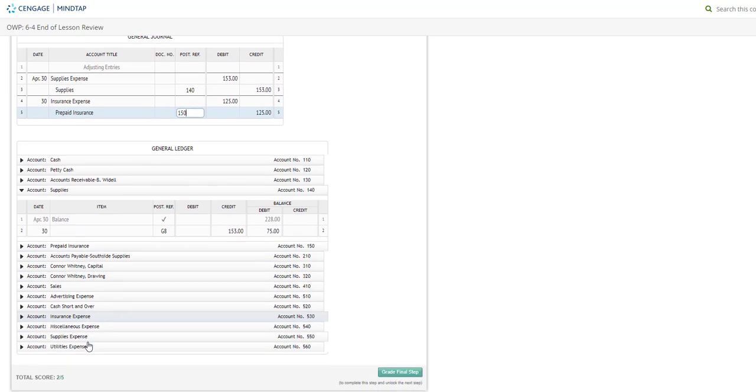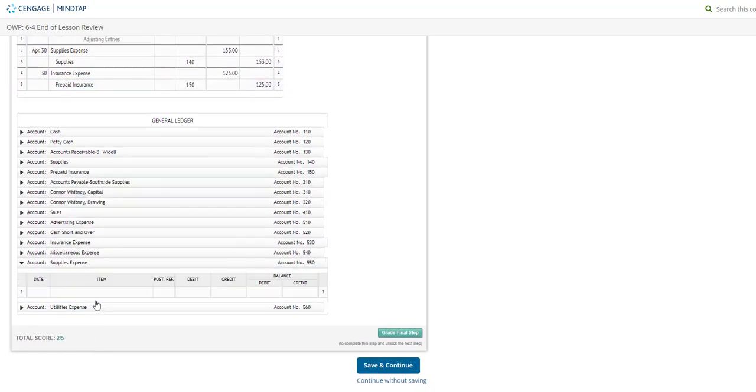And then let's go on down to our expenses. Supply expense on the 30th. And since this is the first thing in it, don't forget to mark the month. And so we have April 30th.